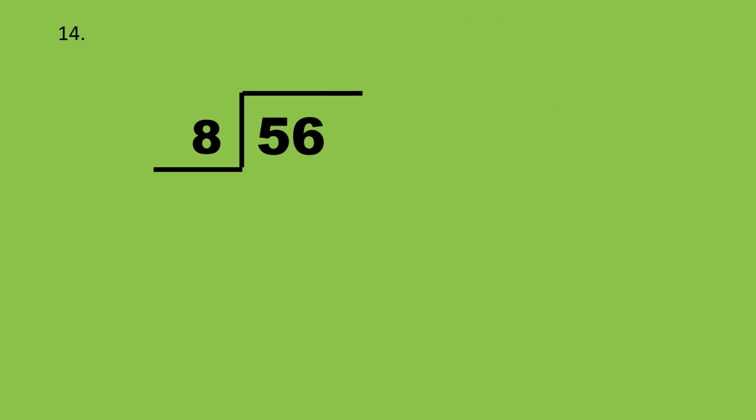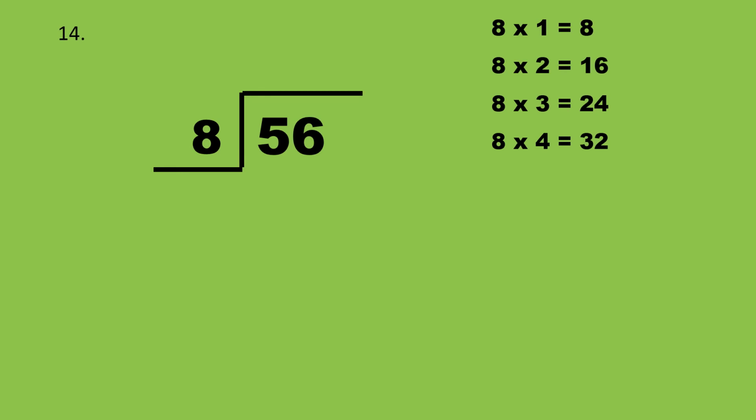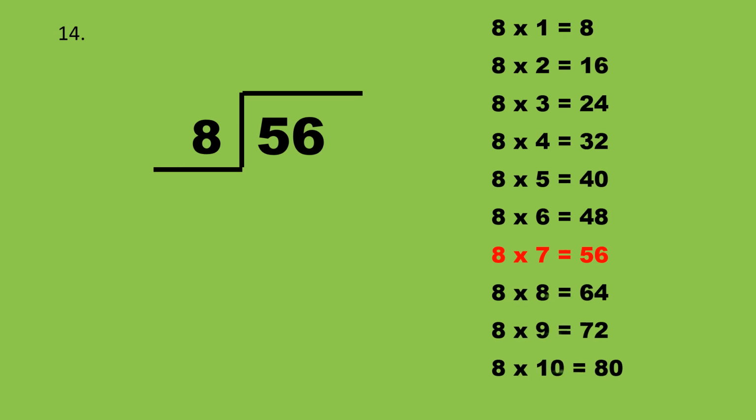Number 14. The next one is 56 divided by 8. So we will say the table of 8 till 56 comes. 8 ones are 8, 8 twos are 16, 8 threes are 24, 8 fours are 32, 8 fives are 40, 8 sixes are 48, 8 sevens are 56.